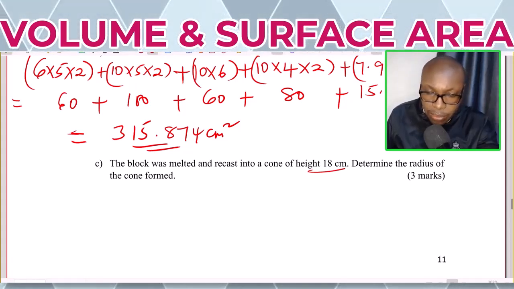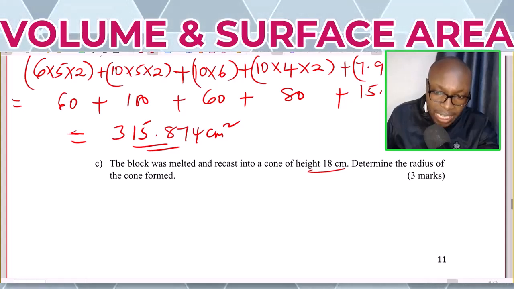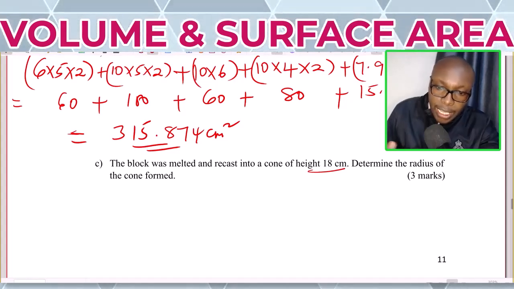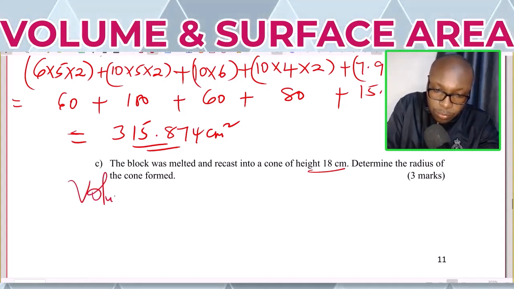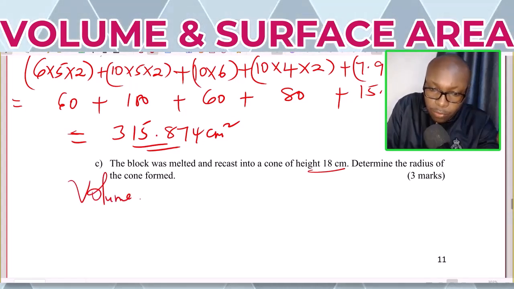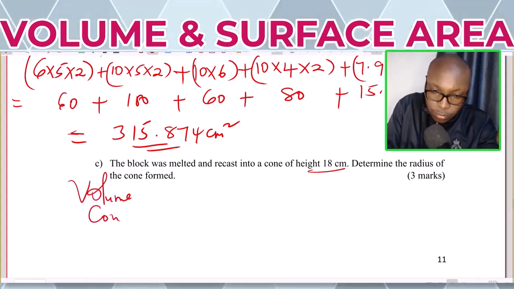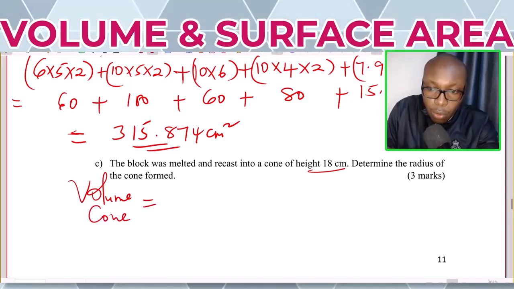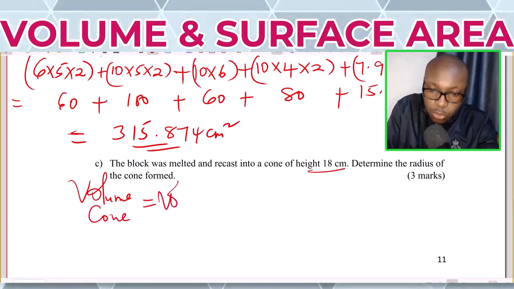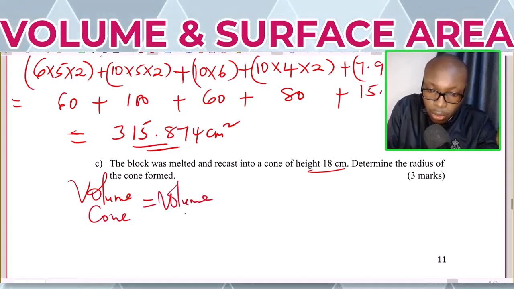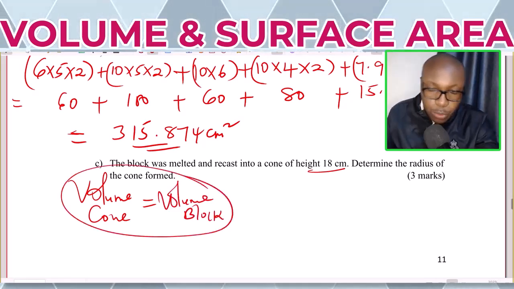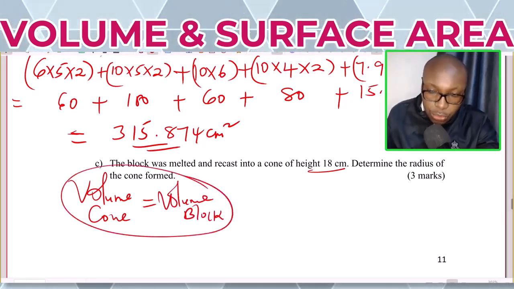If this metallic block was melted and recast into a cone, then the volume of the cone will be equal to the volume of that block. The volumes will be the same if it was melted and recast into a cone.